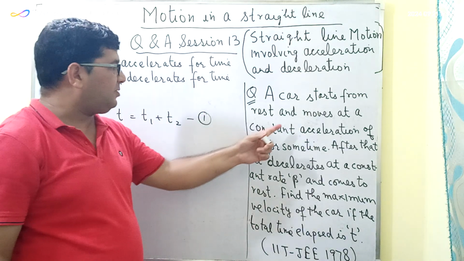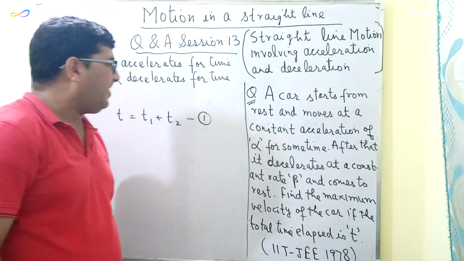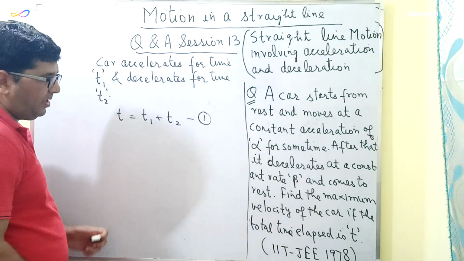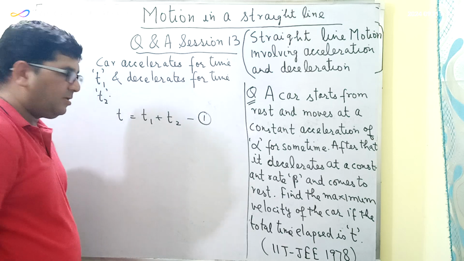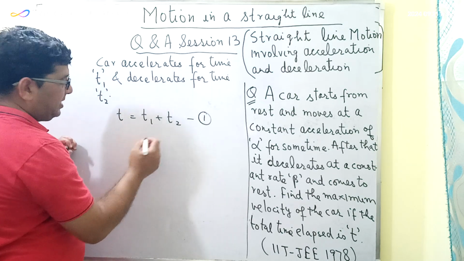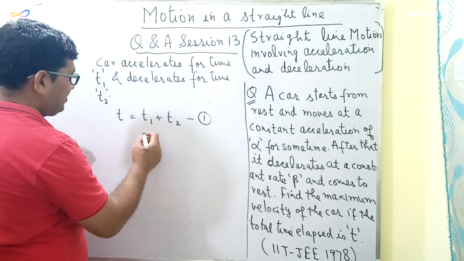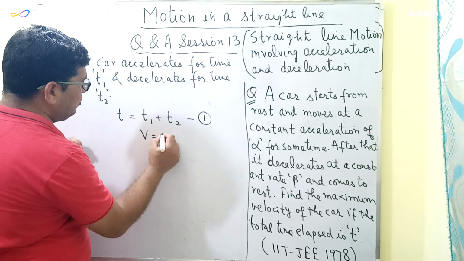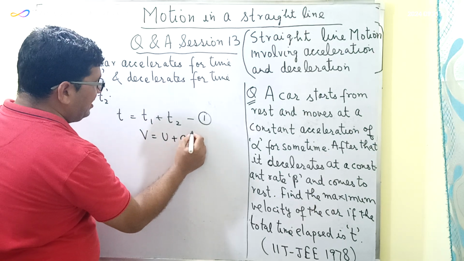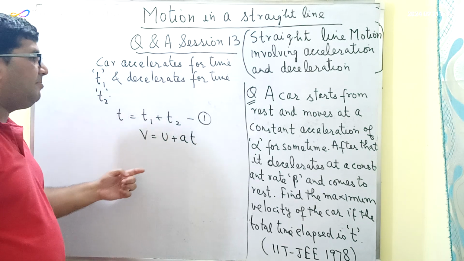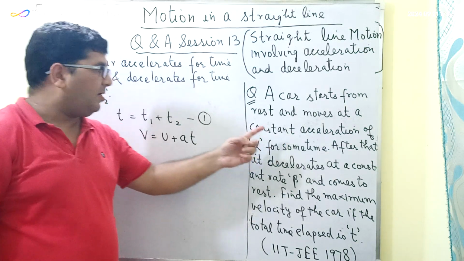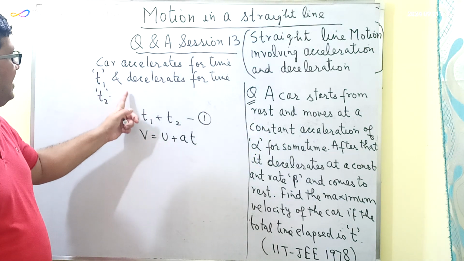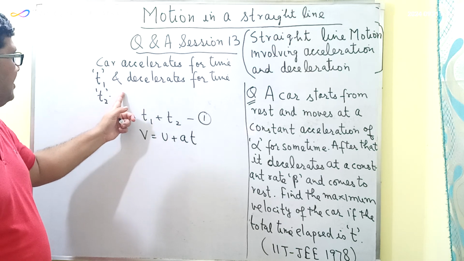Now in the first part of the journey, the car is accelerating at a constant rate alpha, and the car is starting from rest. So by using the equation of motion for constant acceleration, that is v is equal to u plus at, I will get the maximum velocity attained by the car, because the car is accelerating in the first part of the journey.